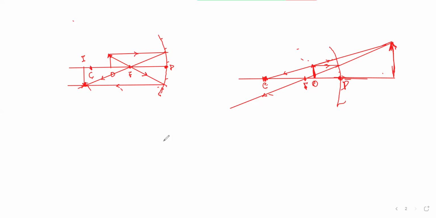What is the index of refraction of the liquid?